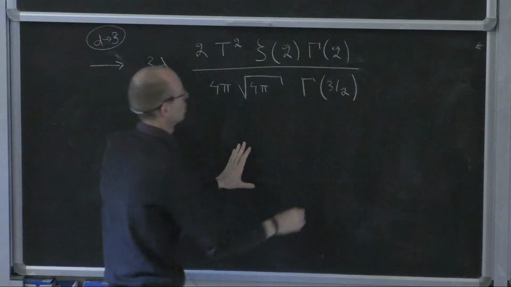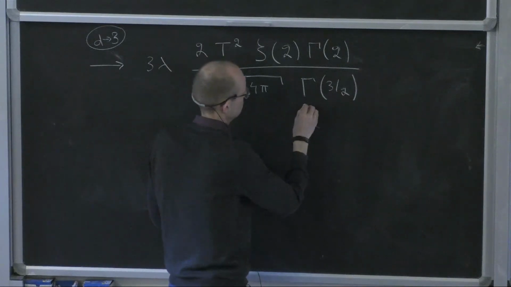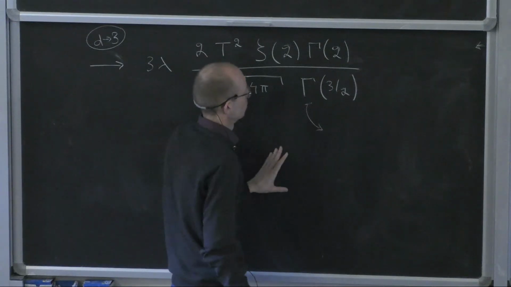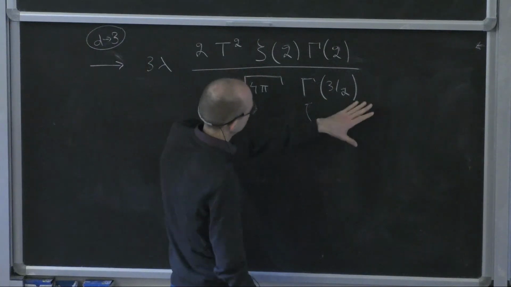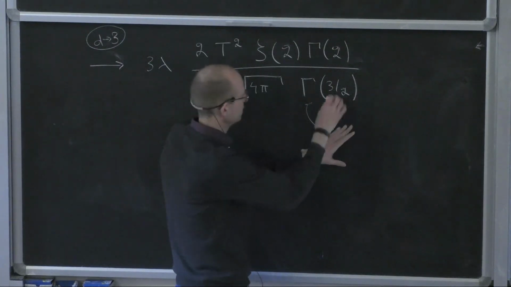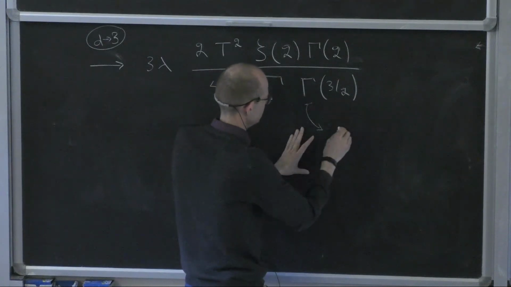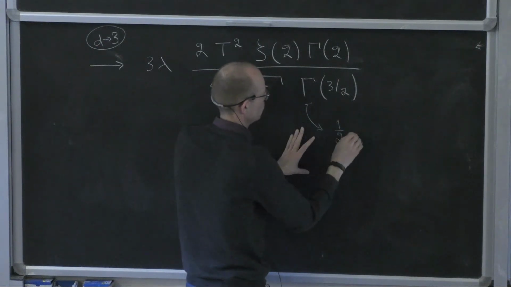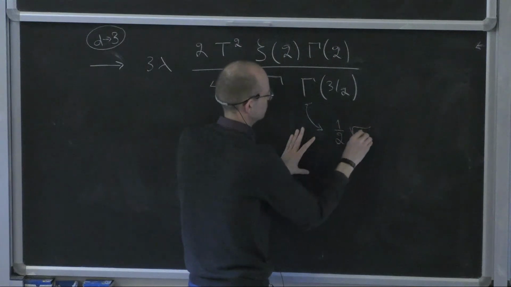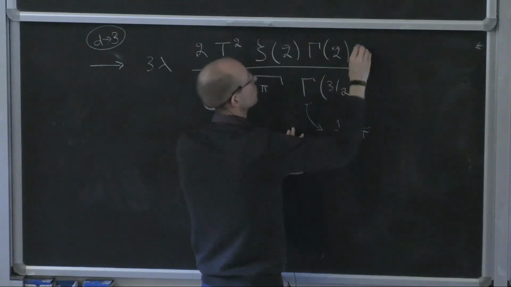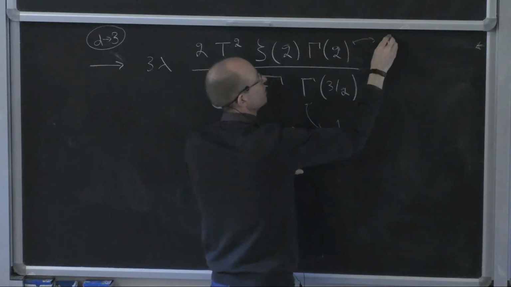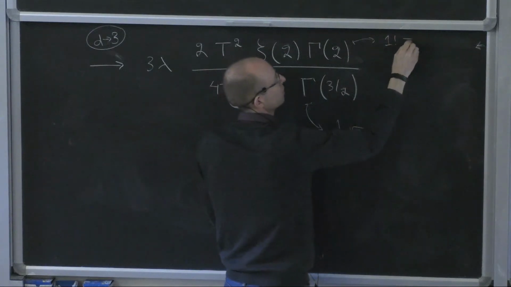Okay, so now, I don't know, in the old times one would have looked in the book. Now maybe Mathematica tells you what gamma of 3 halves is. It's 1/2 of gamma of 1/2. Gamma of 1/2 is the square root of pi. Gamma of 2 is the same as 1 factorial, and 1 factorial is 1.